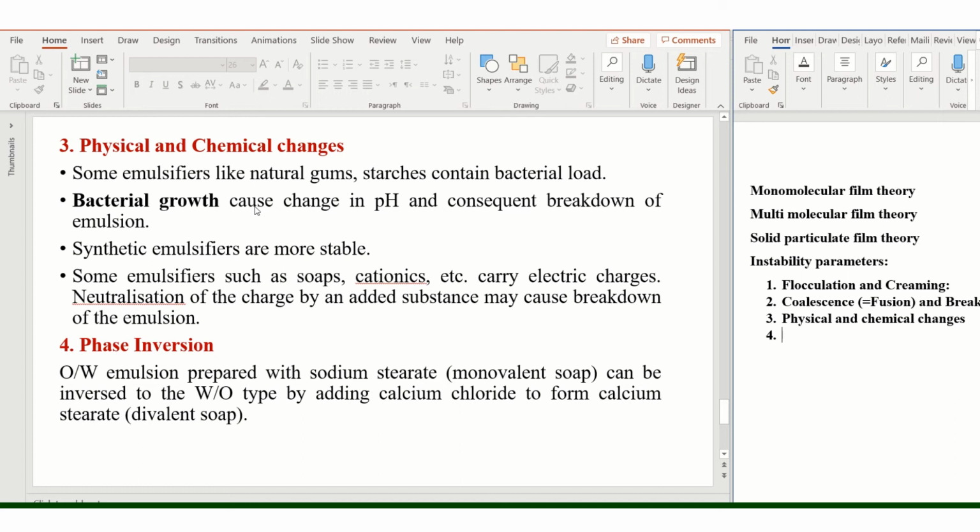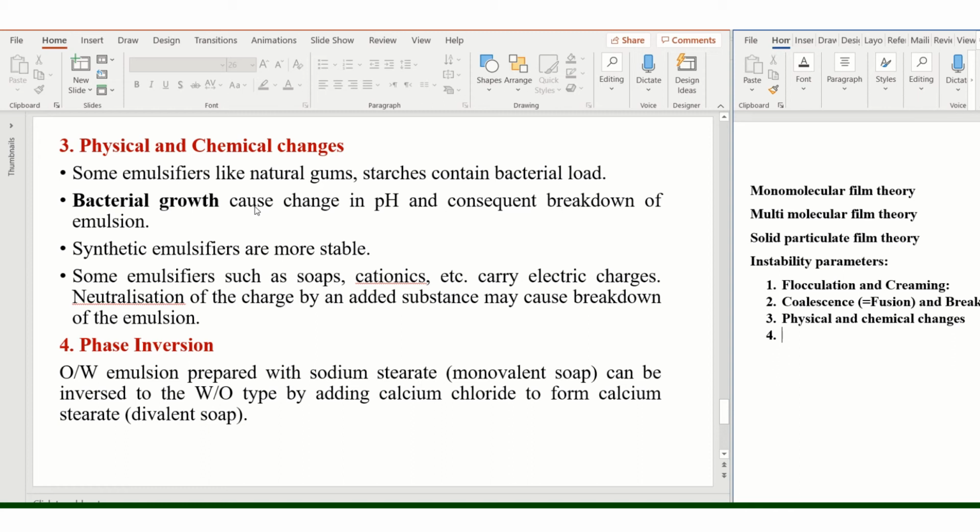Of course, it causes a pH change, right? The bacteria will produce toxins, and thus there will be a change in the pH, and consequently it will lead to breakdown of the emulsion. The changes in the pH actually cause a change in the chemical constituents present in the emulsion.